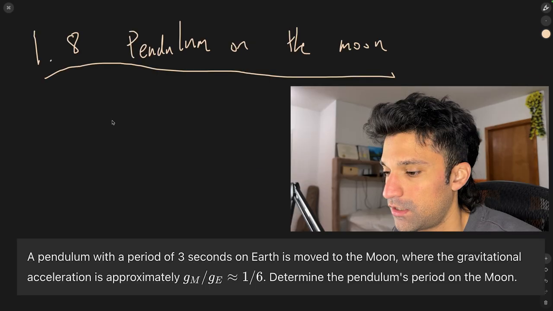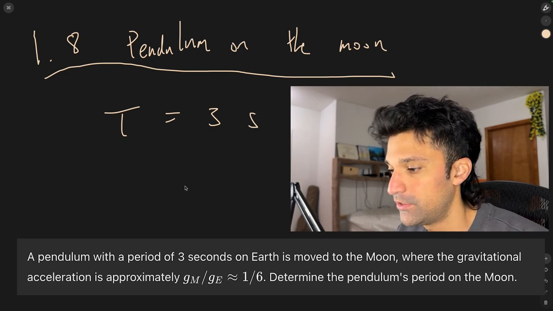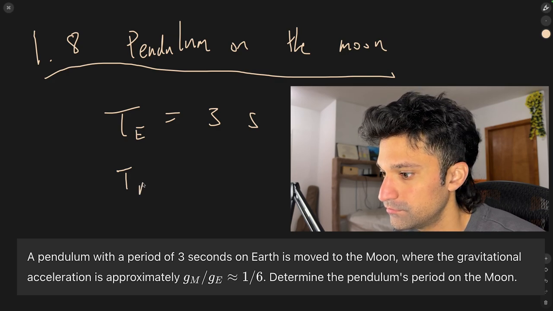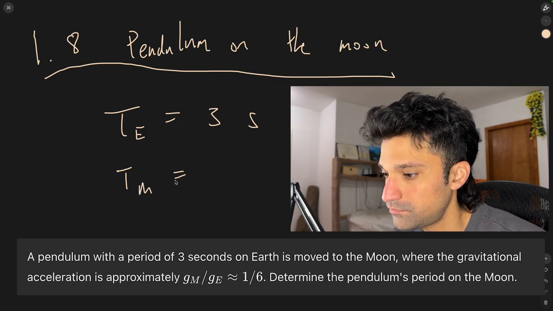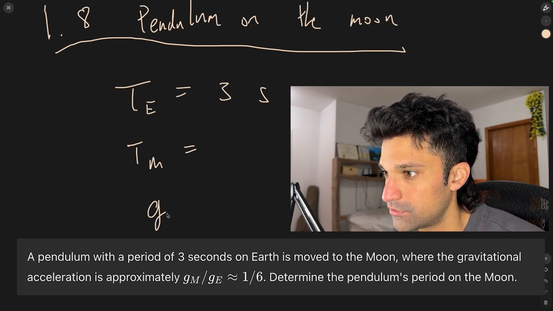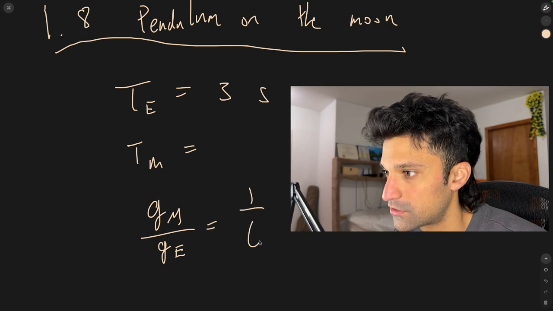So there's your hint. The period is 3 seconds, right? On the Earth, what would its period be? So this is Earth. On the moon, use the fact that g on the moon over g on Earth is 1/6.